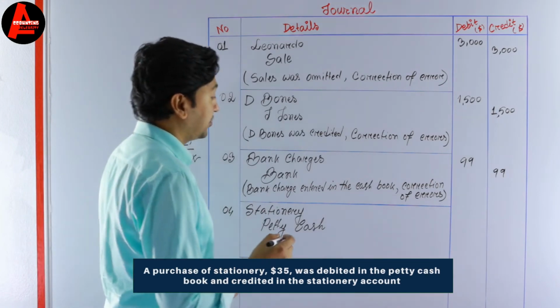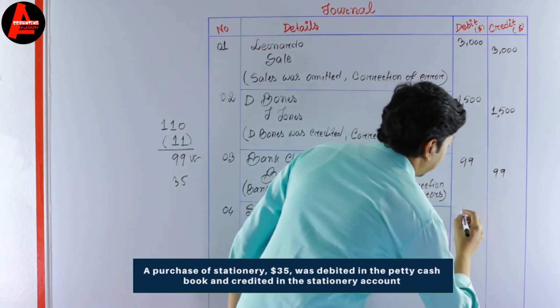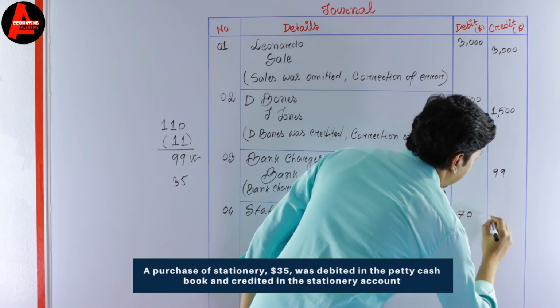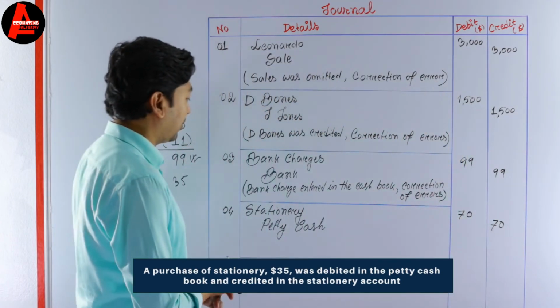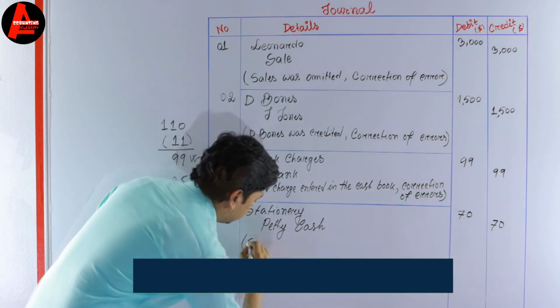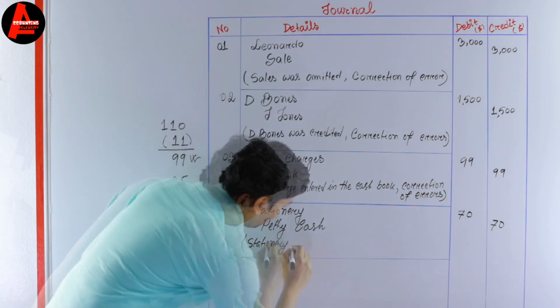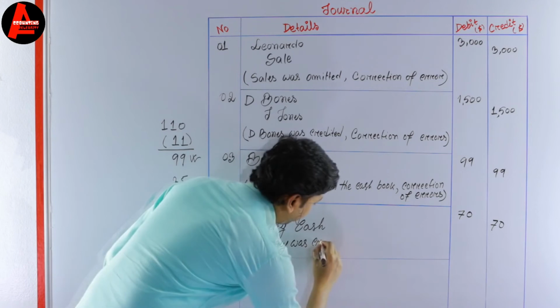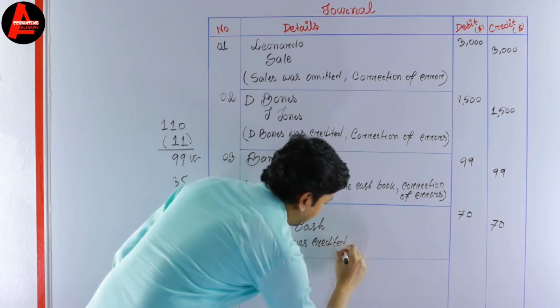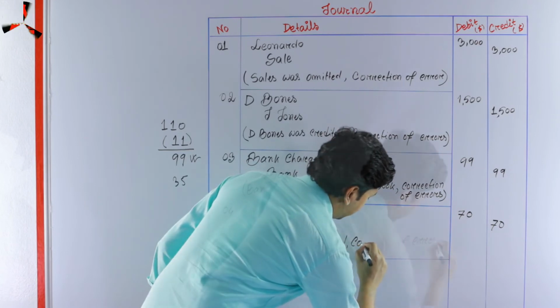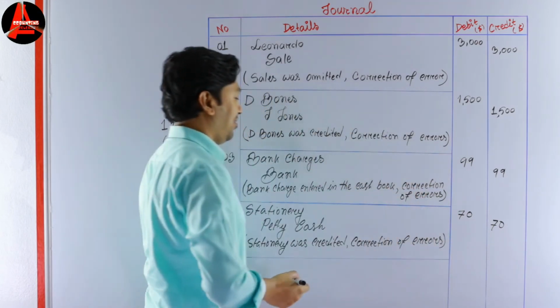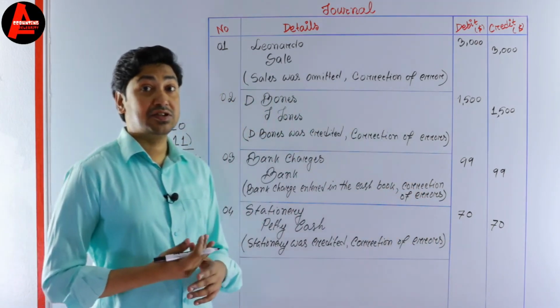It is 35, so it will be here $70 on the debit column and $70 on the credit column. Now what to write? We can write here stationery was credited. So here we'll write correction of errors. Very good.